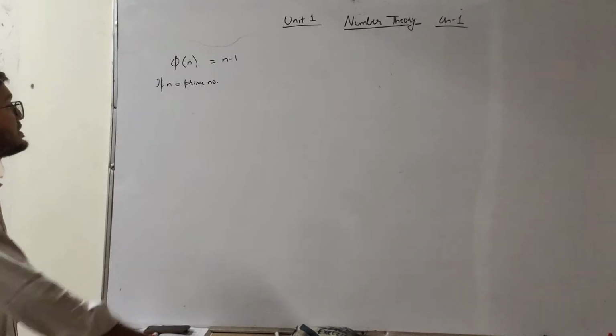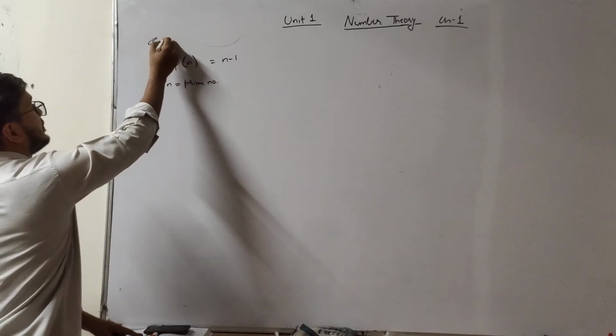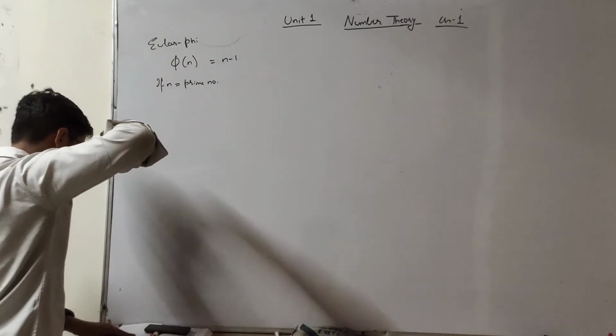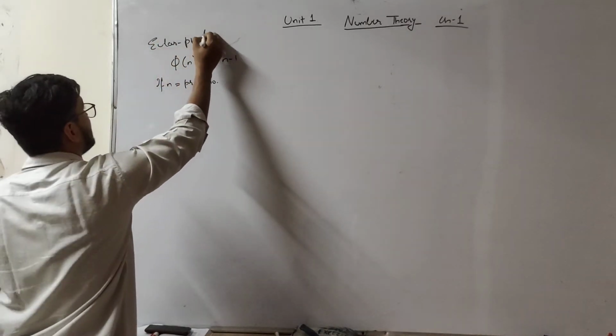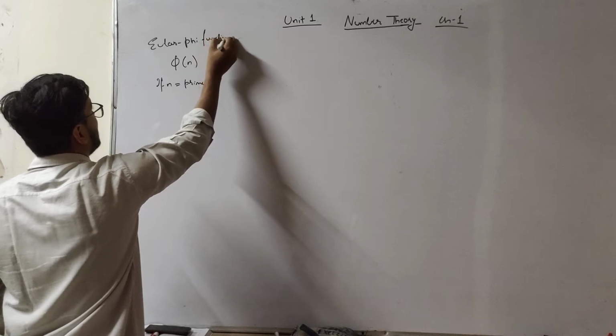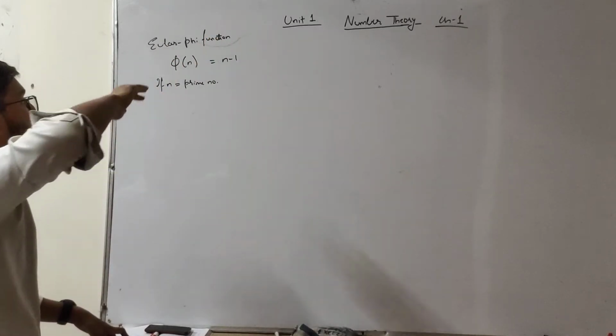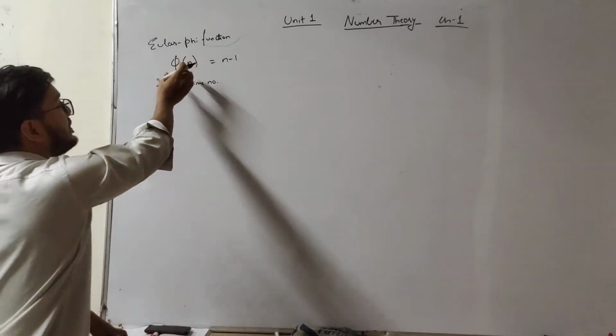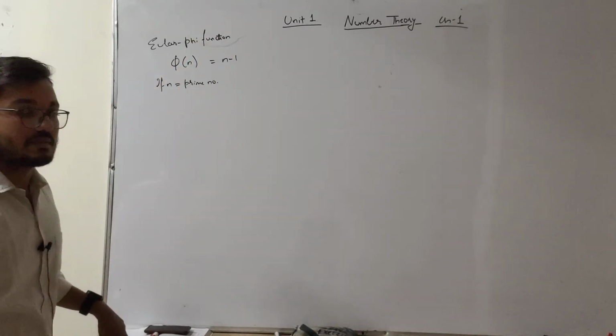This is called the Euler phi function. So if n is prime, the value can be written as n minus 1. That's it.